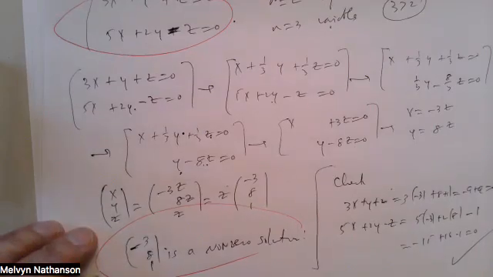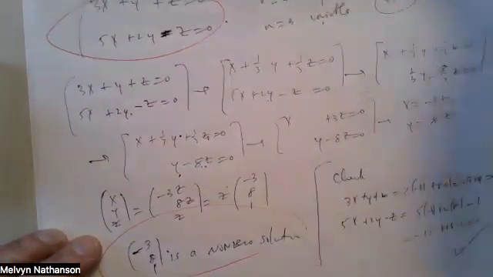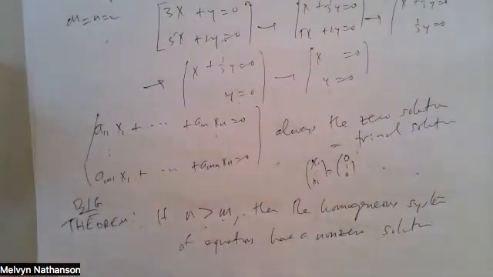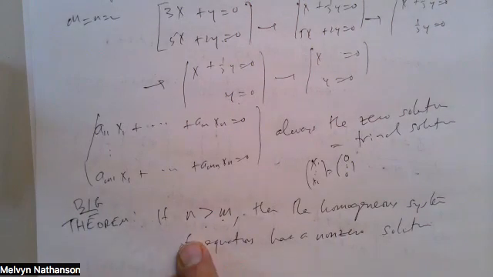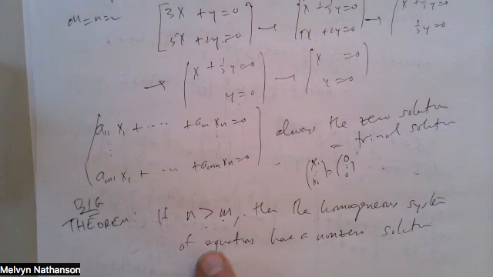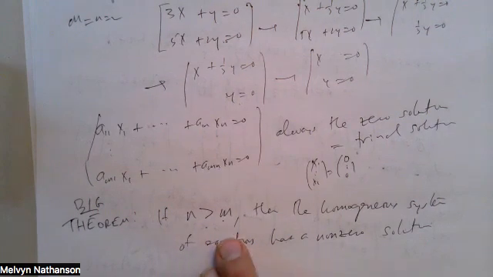So this is an instance of what I just called the big theorem. If you have a system of homogeneous equations, n variables, m equations, and n is bigger than m, strictly more variables than equations, and in our case, we had 3 variables and 2 equations, then the homogeneous system of equations has a non-zero solution.